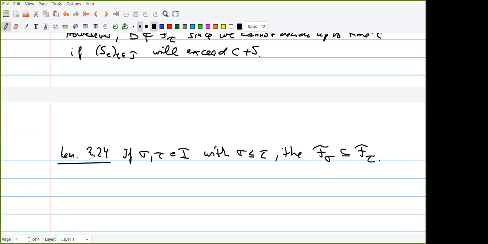So if tau is always, or almost surely, the bigger stopping time, then it also gives you more information up to this time.